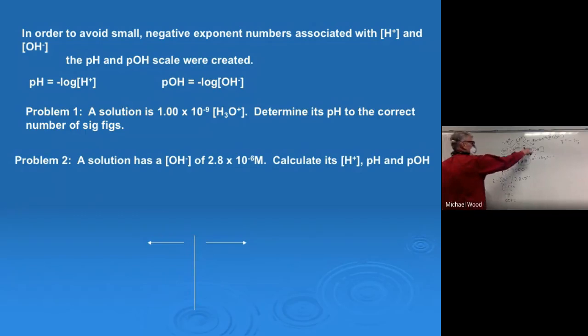Okay, so to go from OH to H plus, I'm going to use 1 times 10 to the negative 14. So 1 times 10 to the negative 14 divided by 2.8 times 10 to the negative 6, to 2 sig figs, 3.6 times 10 to the negative 9.